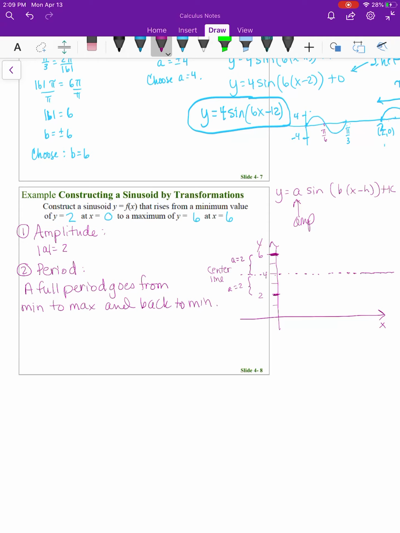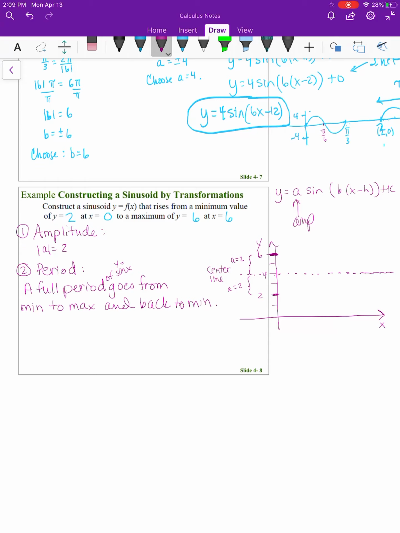Now this is for the sine function. For the cosine function, it would go from max to min back to max, okay? And also I'll put y equals sine x goes from min to max and then back to min.